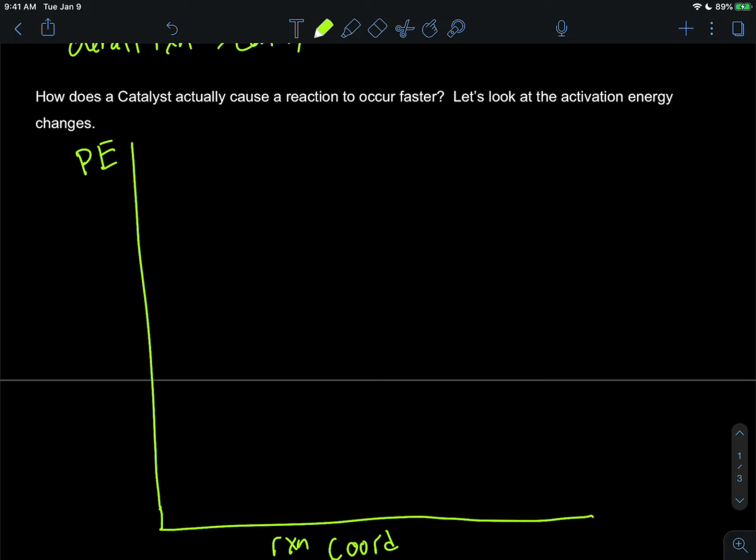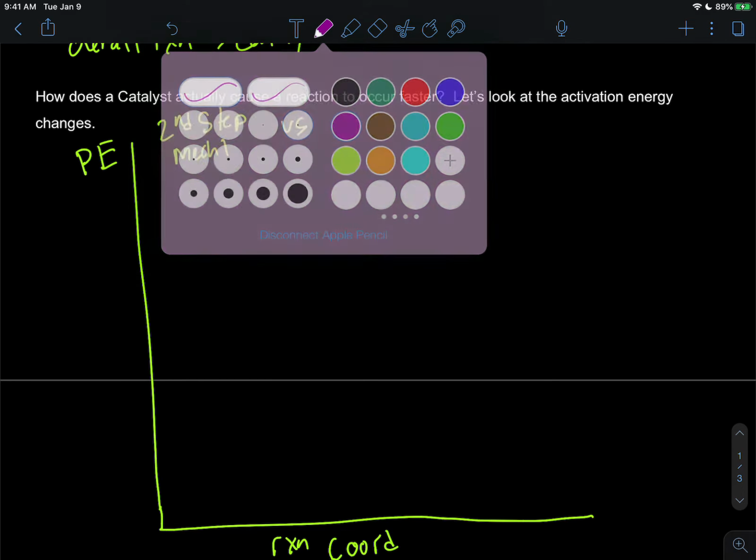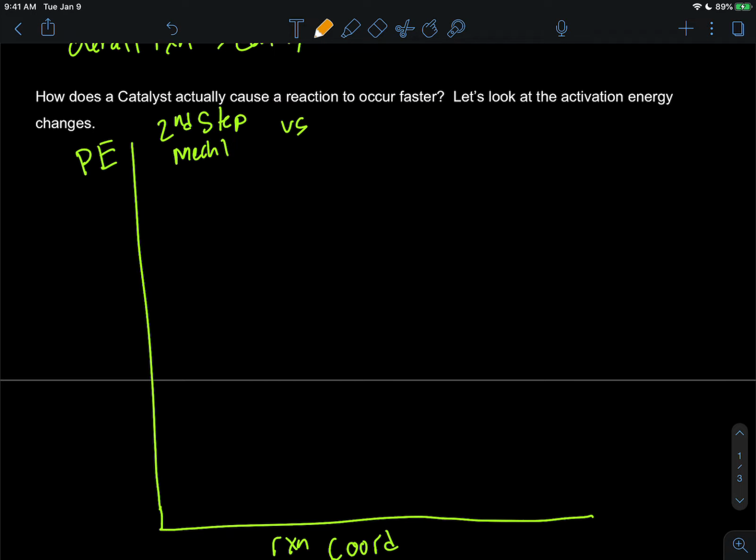I'm going to focus on simply the second step of mechanism 1 versus the second and third steps of mechanism 2. Let's color code these a little differently so we can see how they differ. We're going to call these our second and third steps for mechanism 2.